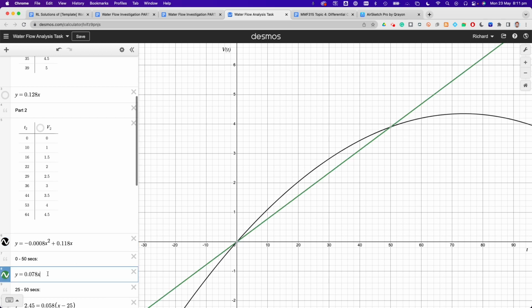And then I just treated that as a function, y equals 0.078x, which passed through the origin, and there we have our line. So that's the average gradient. If the water flow was constant, then it would get to 3.9 litres at 50 seconds if the water flow was 0.078 litres per second. Okay, so that's basically what that means.